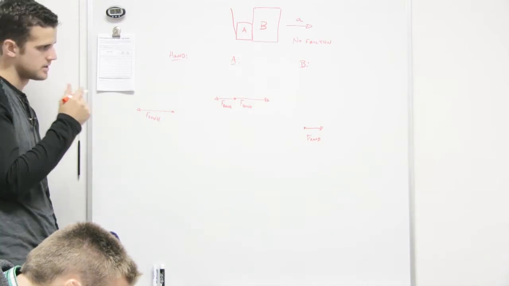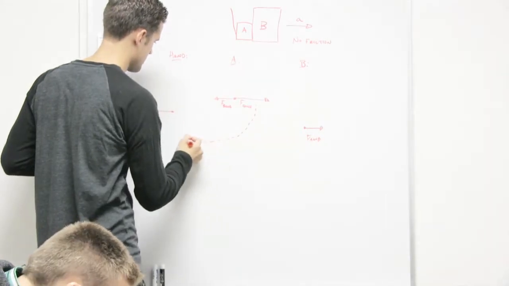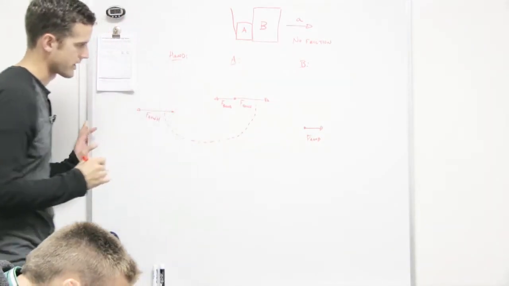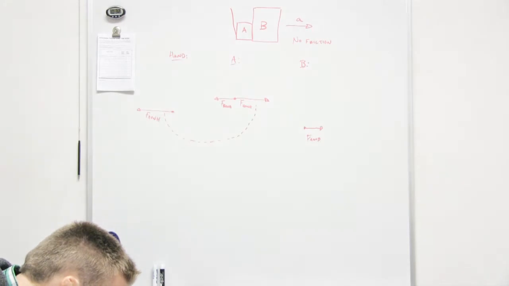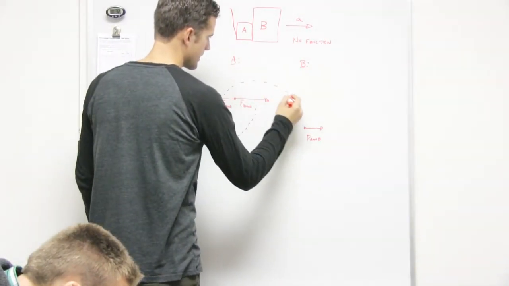Oh, we'll go with F A on H. Right. Those two are action-reaction pairs. And then it'd be F B on A and F A on B. Right.